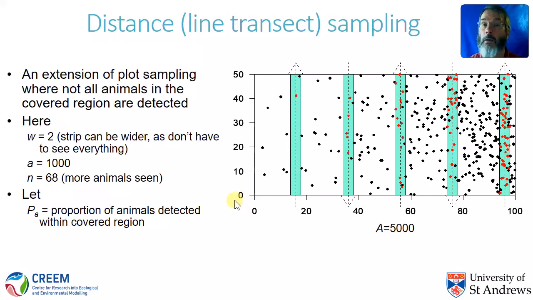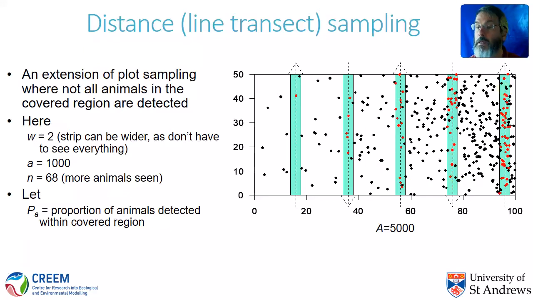However, to do this, we need one new piece of information. I said just a moment ago, we no longer assume that we see all of the animals inside the green region. Some of the animals inside the green region are missed.